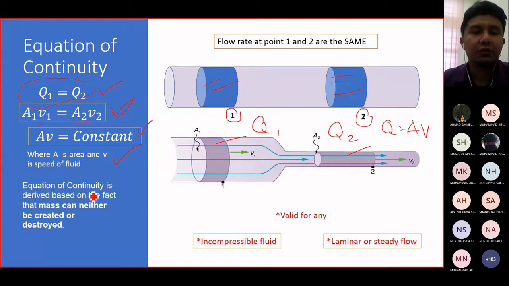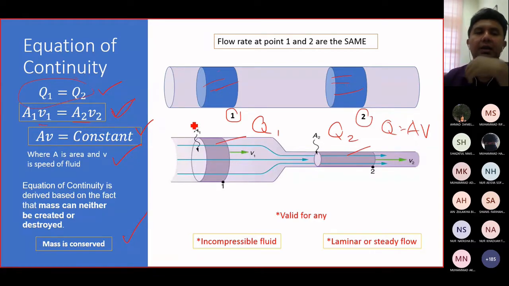The equation of continuity is derived based on the fact that mass can neither be created nor destroyed. Mass is conserved. That is the fundamental behind the equation of continuity. You can also put it into a sentence: the flow rate at point 1 and 2, or at any point in the pipeline, is the same.